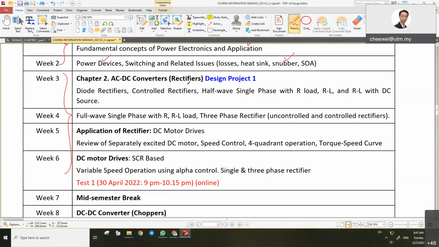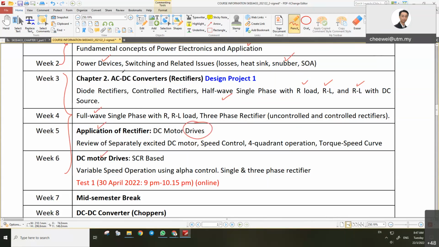AC-DC converters, also known as rectifiers, changing from AC to DC, covers the half-wave rectifier with different loads, RL, and DC source. And then we continue with the full wave, same thing, repeating the different loads. And then where do you apply this rectifier? Here comes the drive, okay? Rectifier plus the application of drives, and then you have DC motor drives here.